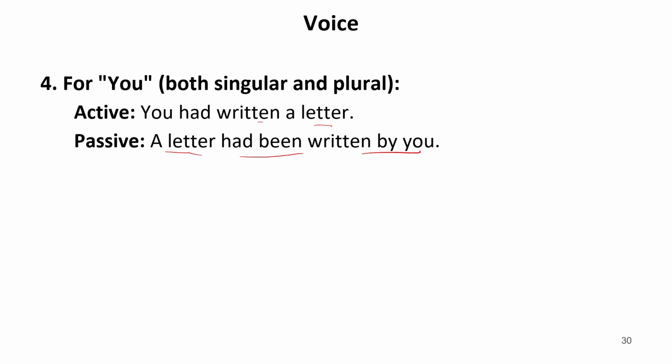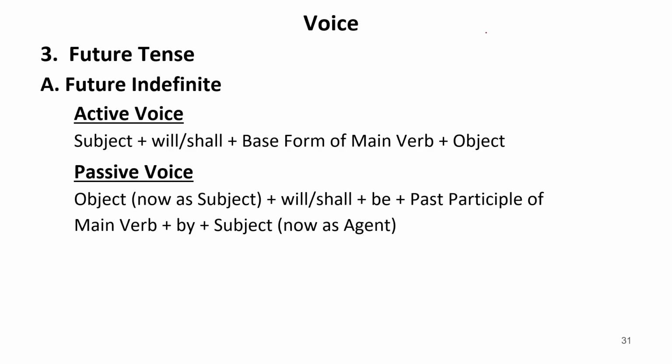Now we'll read a very important tense, that will be future tense. Now in case of future tense, again we have indefinite tense. Then we have continuous. Then we have perfect. And then we have perfect continuous.